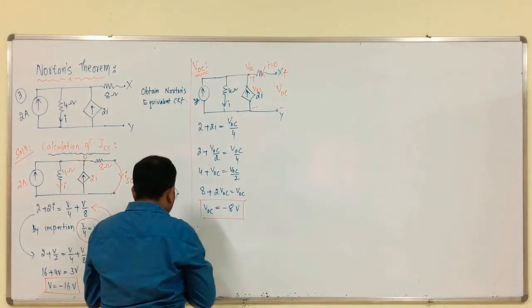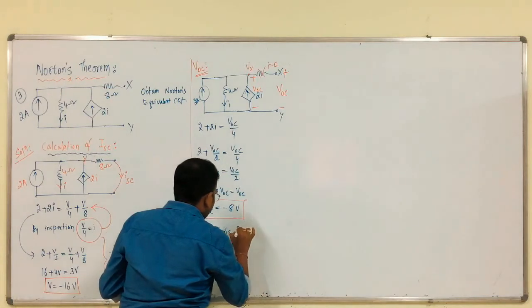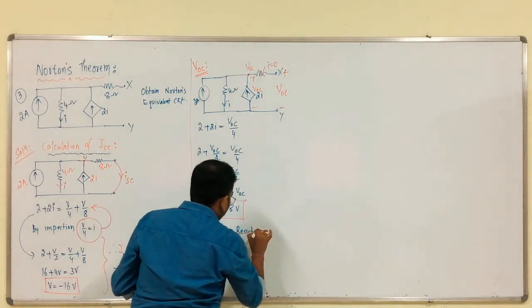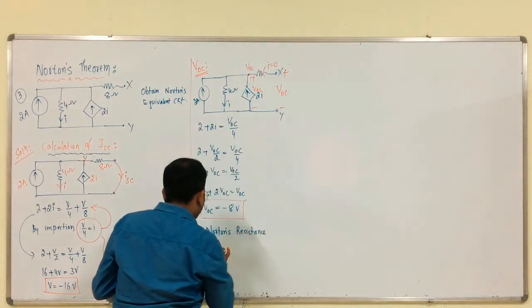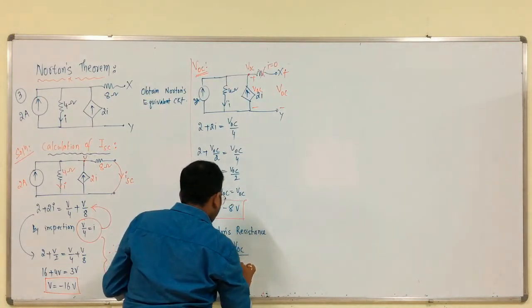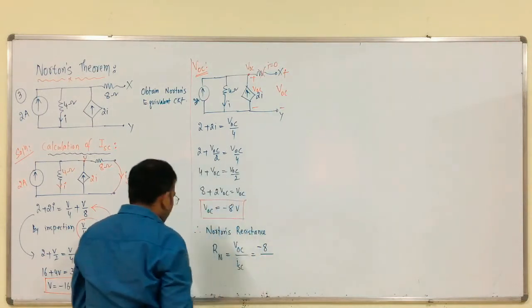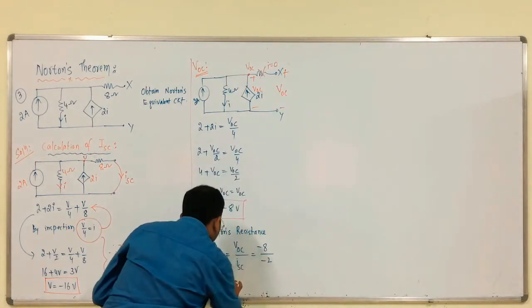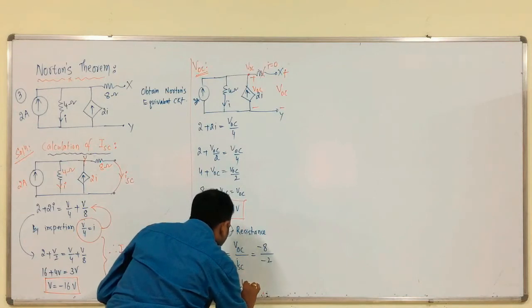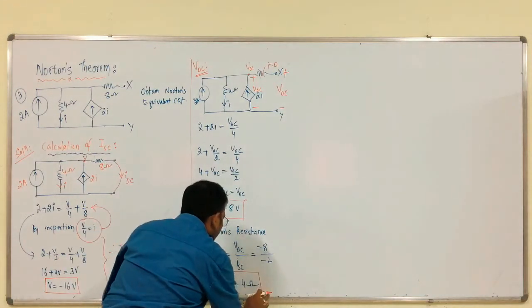Therefore, Norton's resistance Rn is equal to VOC by ISC, which is equal to minus 8 by minus 2. Therefore, Rn is equal to 4 ohms.